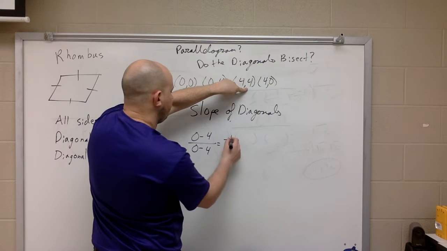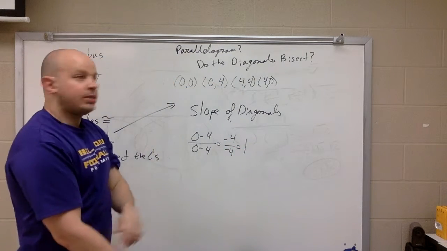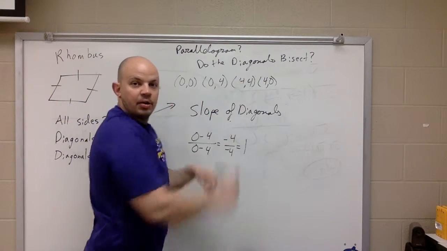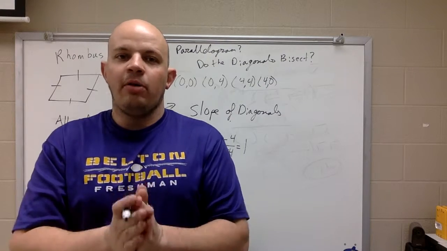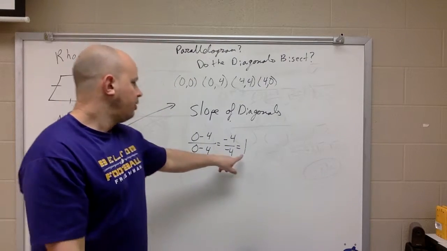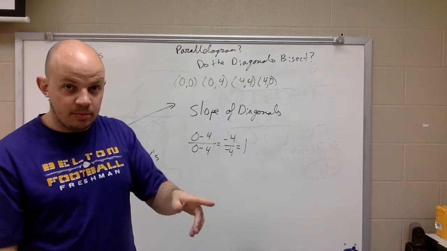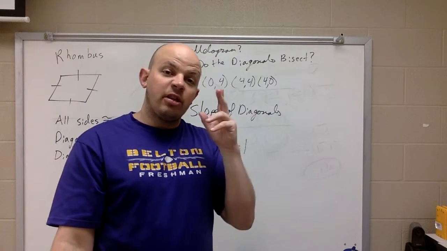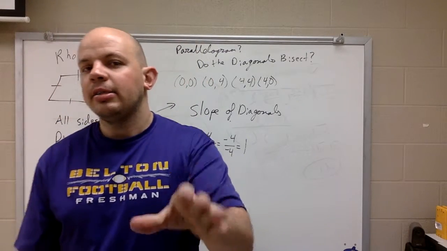So that's negative 4 over negative 4, so it's a slope of 1. That's this diagonal, a slope of 1. All right? Now, looking right now, I can tell you the opposite reciprocal of 1: if I flip it, 1 divided by 1 is 1. Throw a negative on it. So I'm looking for a negative 1 back. If I get negative 1, this is a rhombus. If not, it's not a rhombus.